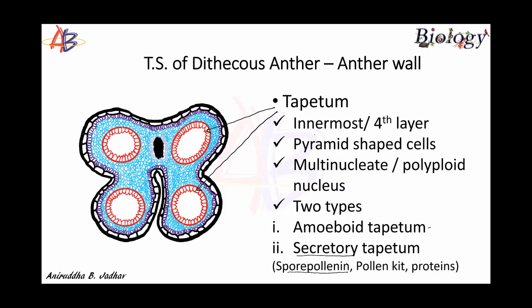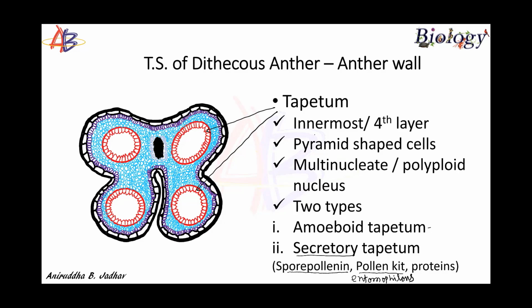In those plants where the pollen transfer is facilitated by insects, the term for this is entomophilous. So these plants in which insects transfer pollens are called entomophilous pollen grains.